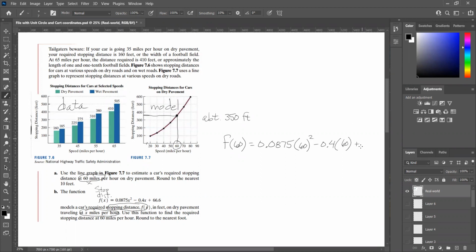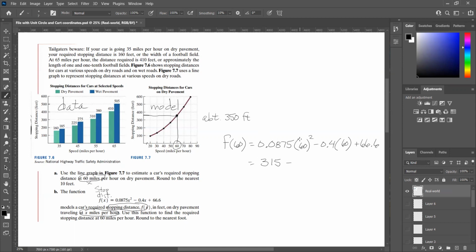And we'll definitely want to use a calculator at this point. So let's see. We've got 0.0875 times 60 squared, which gives me 315. That's a nice round number. And that was exactly what it gave me. I didn't round at all.